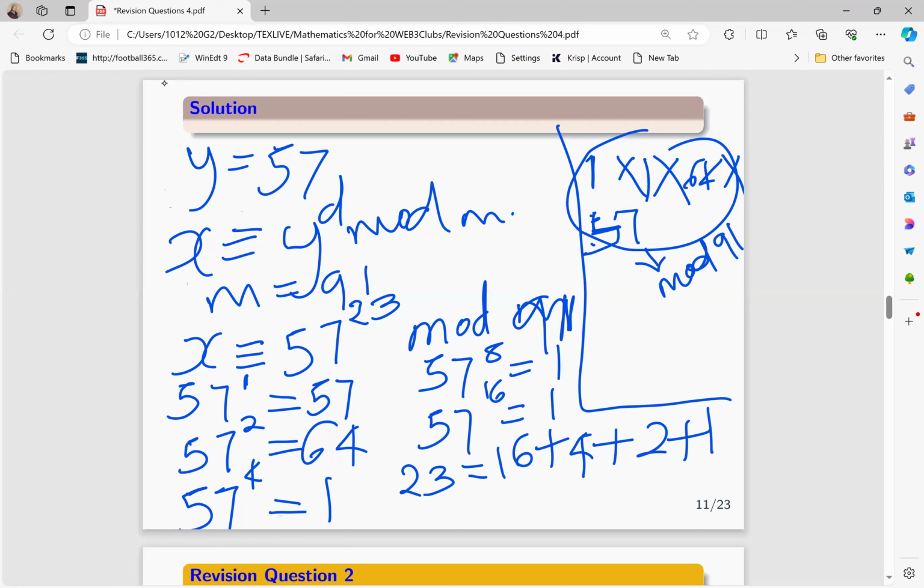What do you get when you multiply 57 by 64 mod 91? 8. So we get X as 8, which was the plain text. So we have encrypted and decrypted.